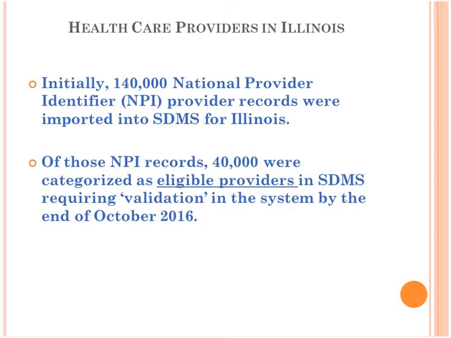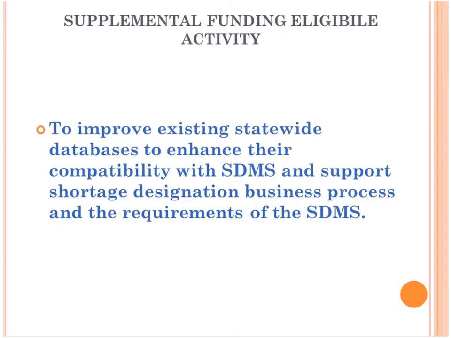So what we did there, thankfully, Shortage Designation Branch and HRSA obviously came through with some supplemental funding. What I was doing back here is doing my very best to do something like what Eric was displaying there, using Microsoft Access to match NPI numbers to Medicaid data, to the SDMS Delta file, and to the license data that we'd gotten from the state of Illinois, which did not include NPI numbers.